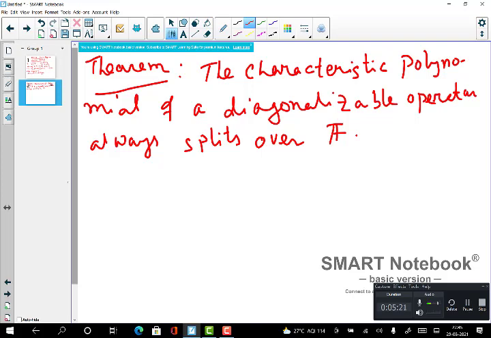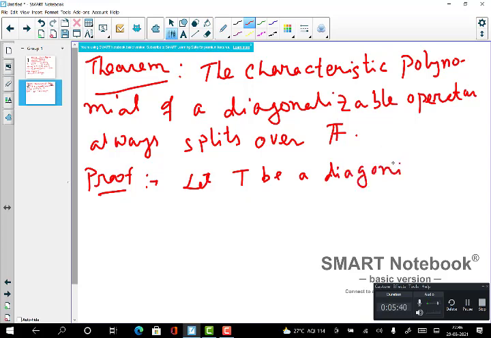And you can start with the definition. The proof is also not difficult, so let me give a proof. Let T be a diagonalizable operator on V. Okay, then what happens?